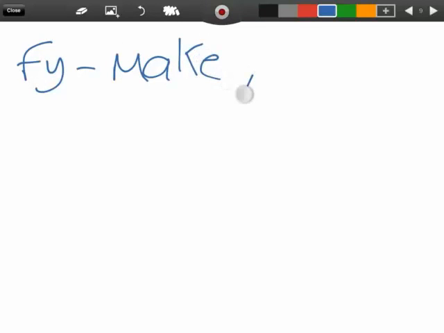Moving on to my next suffix is fy, and fy means make or do. And I'm going to go ahead and give you an example. For example, intensify.